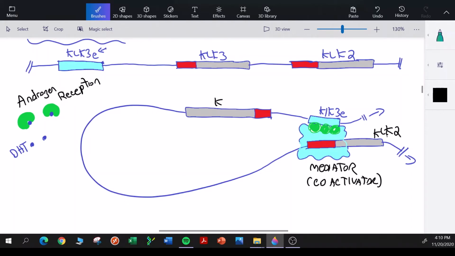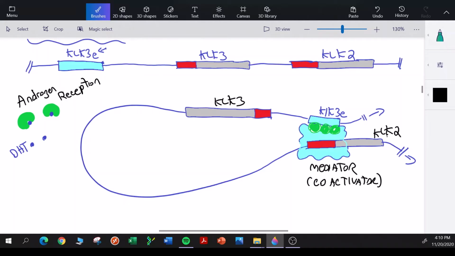It's binding to the enhancer, and mediator is helping promote transcription of the KLK2 target gene. And here's KLK3 up here. Okay, there are a number of things I haven't diagrammed. I haven't diagrammed the general transcription factors. I haven't diagrammed RNA polymerase II on either the enhancer or the KLK2 gene. But we have all the details in place to see what the hypothesis is.